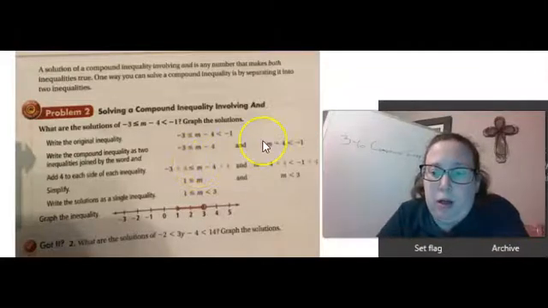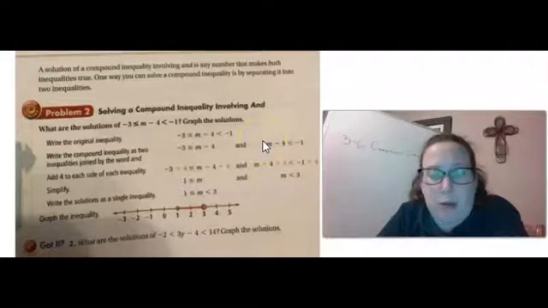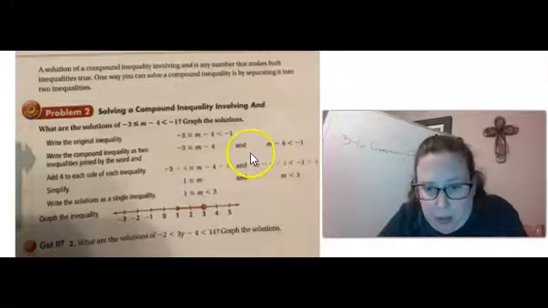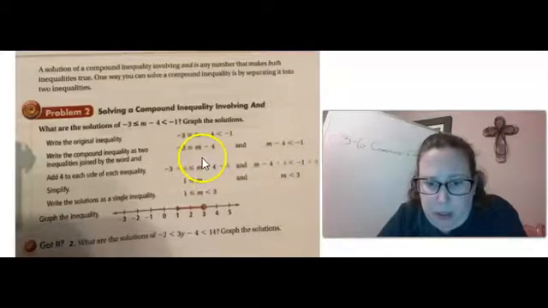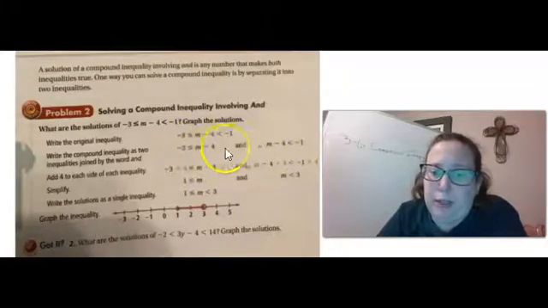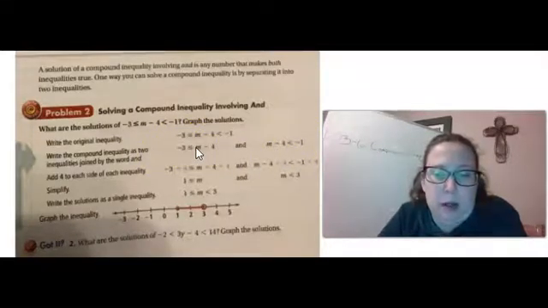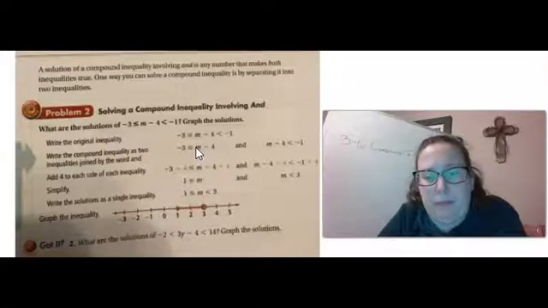Now they are showing you that you can split these inequalities. So we can actually divide this into two separate ones. I don't recommend that necessarily. I'll show you how you can just keep it together and solve it.